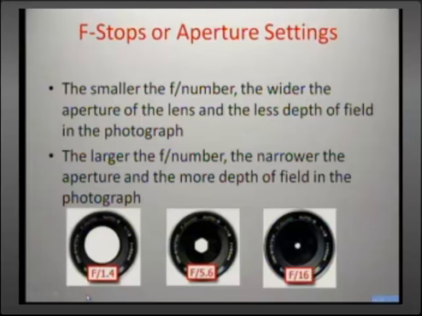So the wider the aperture, the more light that passes through, the less depth of field that we have. And f16 in this example is less light passing through the lens, and we gain more depth of field when the lens is set at a smaller aperture setting.